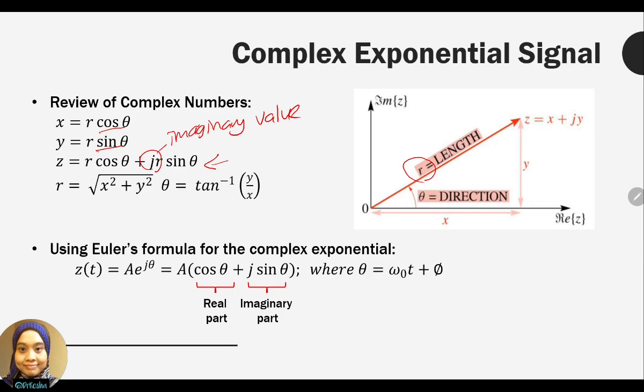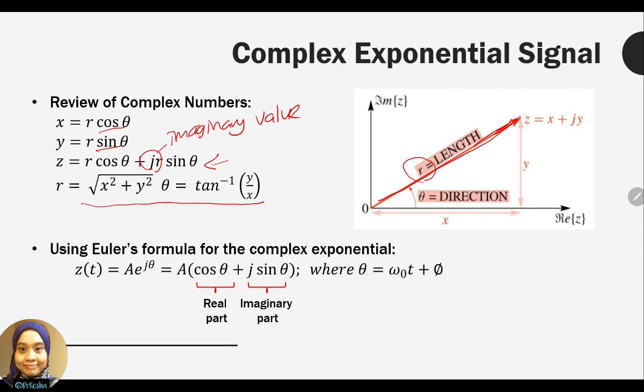Certain parts use i, but here we actually use j. So when we want to get the r value, we need to use this equation and find the length of the side over here.